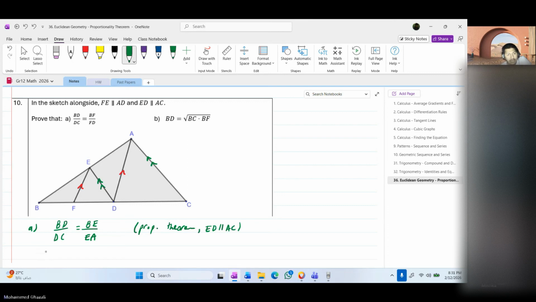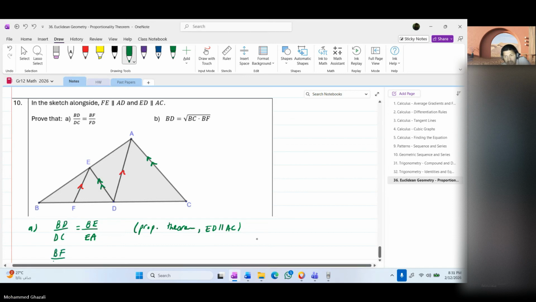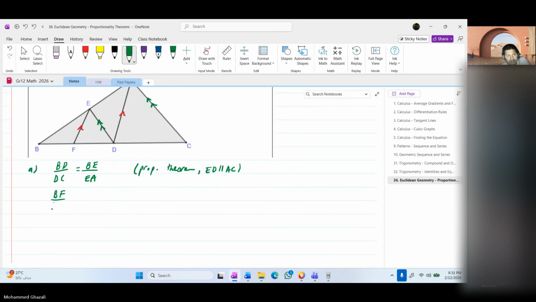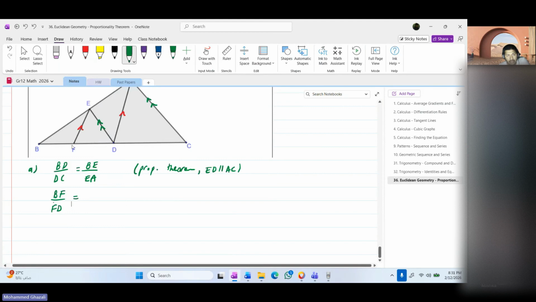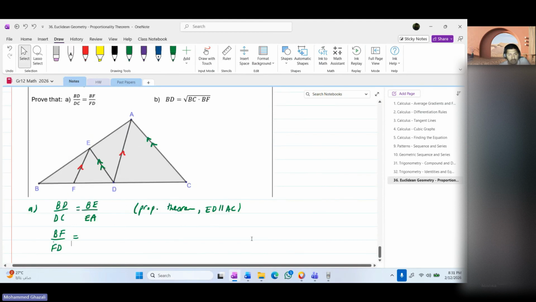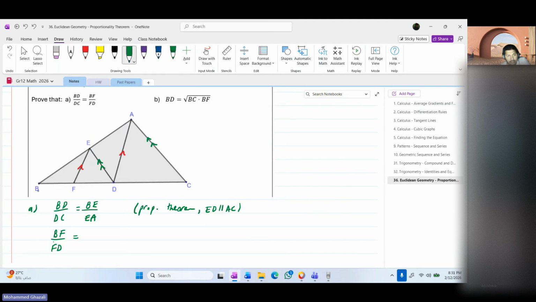Now, what about the next one? They wanted BF to FD. If you try BF to FD, you will find you are now working with the triangle that has the red arrows. So BF to FD equals BE to AE.